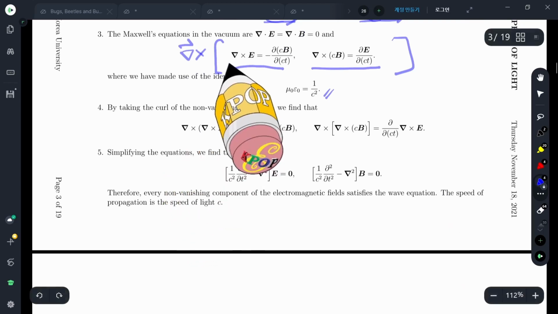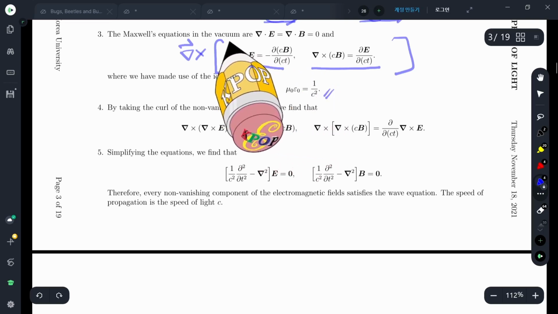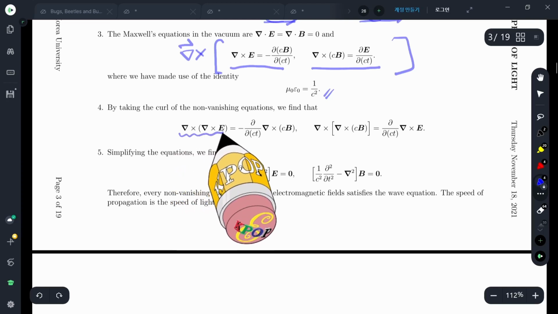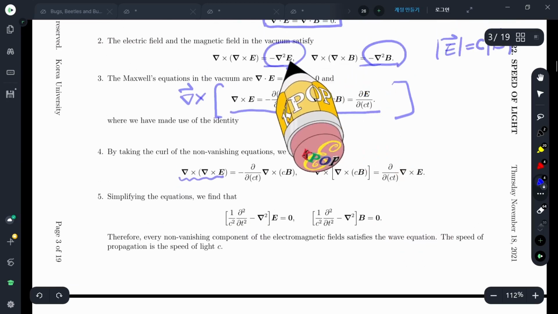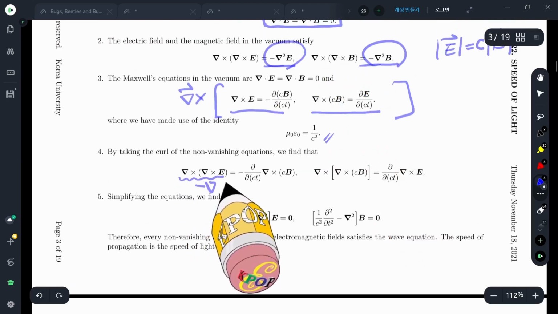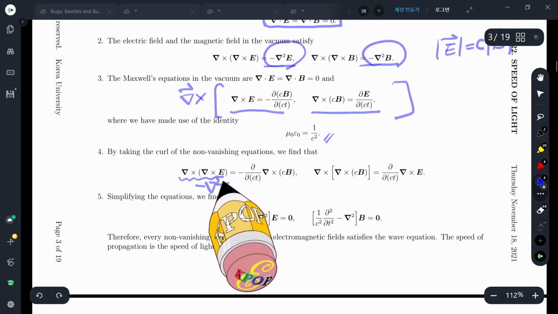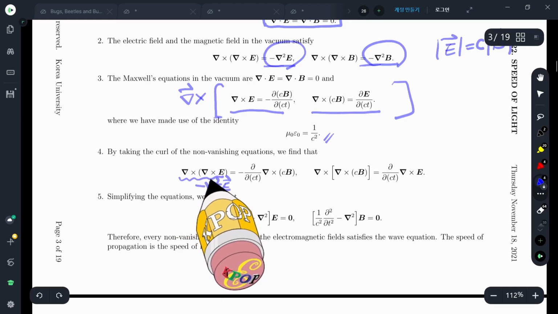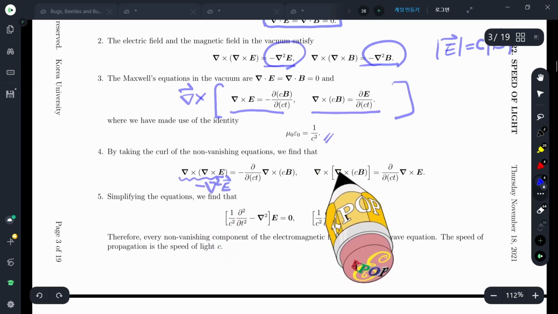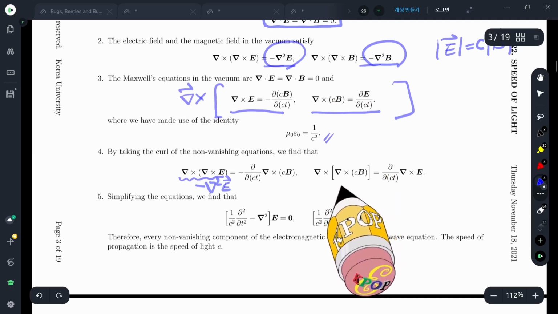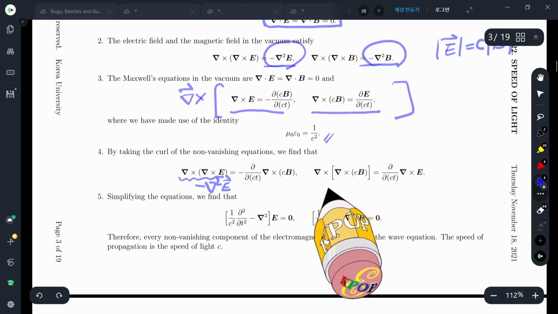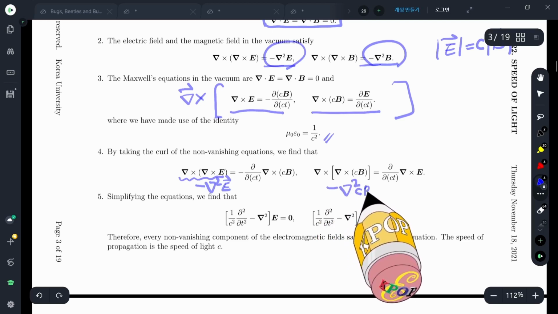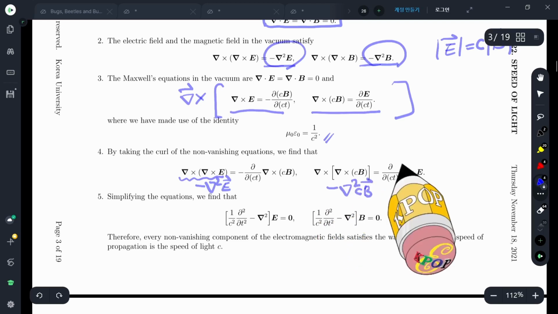So, first we apply the curl operation to Faraday's law. This is written in the form of the Laplacian of the electric field. And if we apply the curl operator to Maxwell's law, what we obtain is the Laplacian of the speed of light multiplied by the magnetic field.